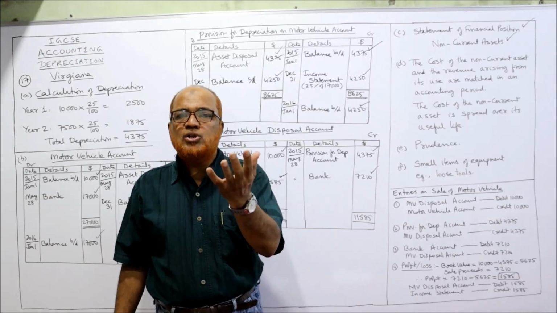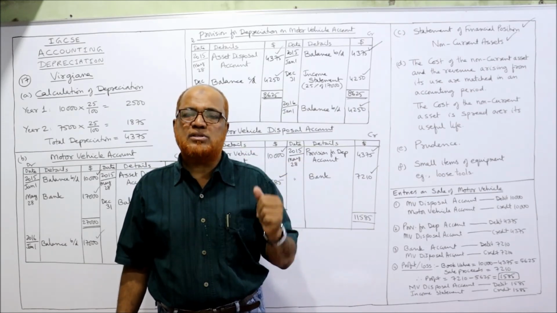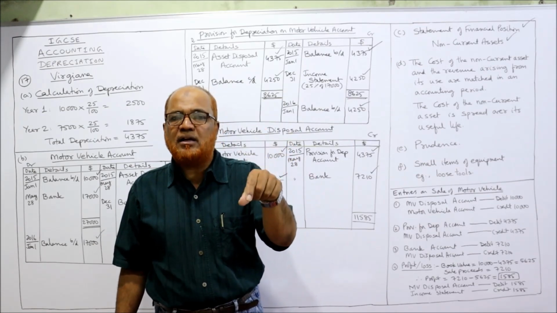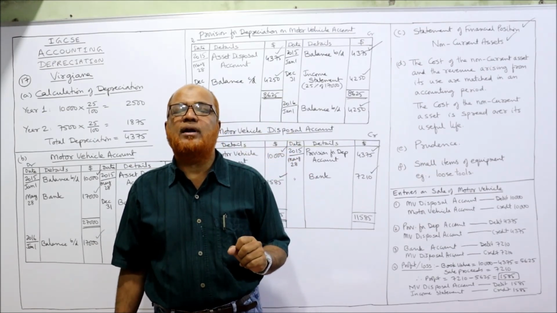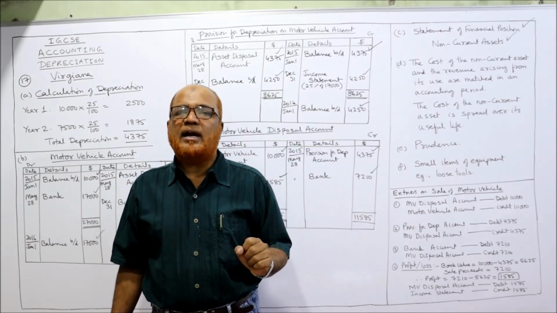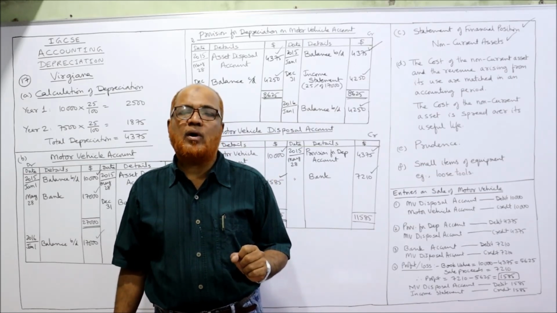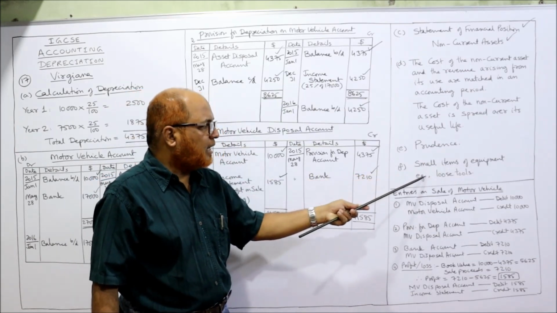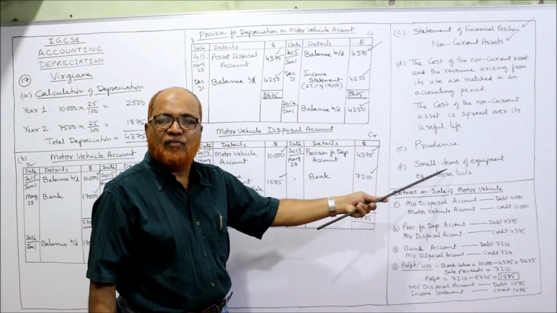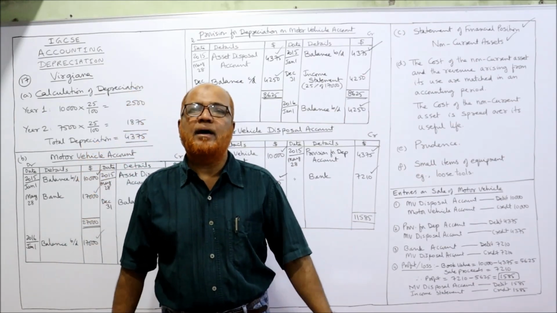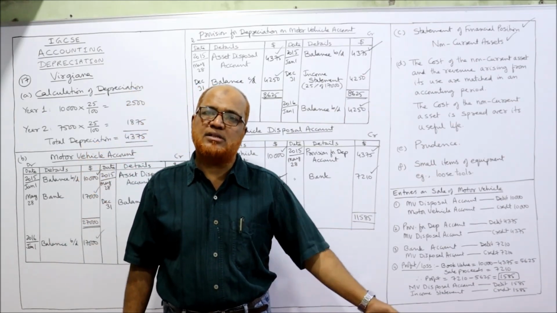In simple words, small valued items. For small valued items, it is better to provide depreciation according to the revaluation method. That point you want to remember. Small valued items like loose tools or hand tools. So here, small items of equipment, for example, loose tools. For loose tools, it is better to apply the revaluation method of depreciation.